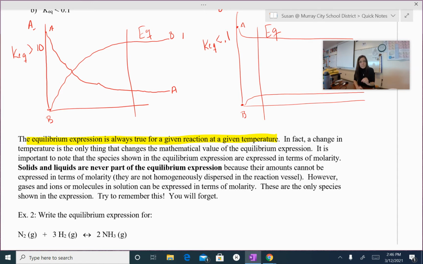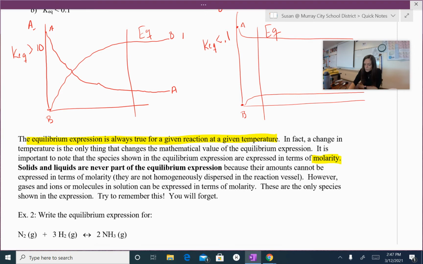They're temperature specific. In fact, a change in temperature is the only thing that mathematically will change that equilibrium constant. It is important to note that the species shown in the equilibrium expressions are expressed in terms of molarity.